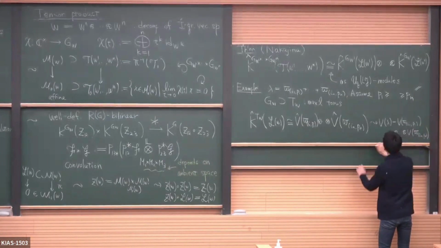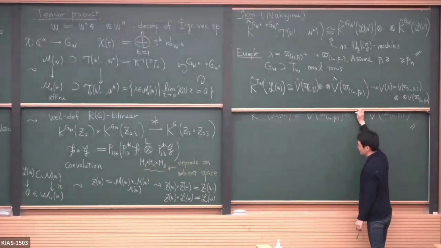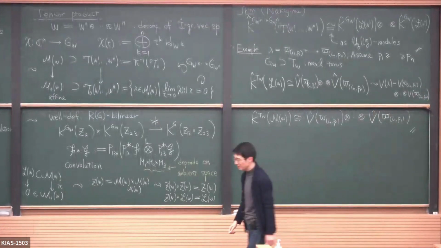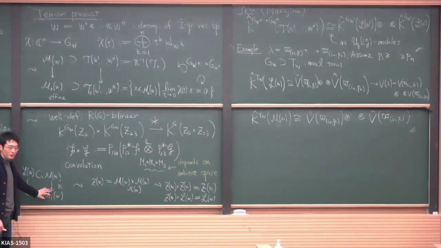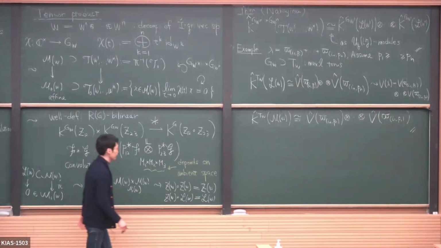For example. Okay. And next I will explain the relationship between this graded quiver variety and the derived category of Dynkin quivers.